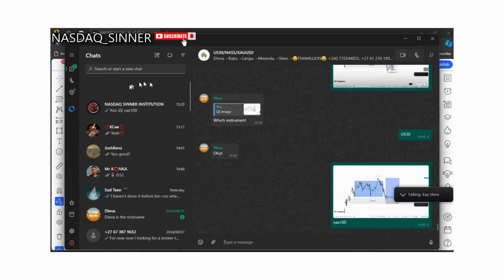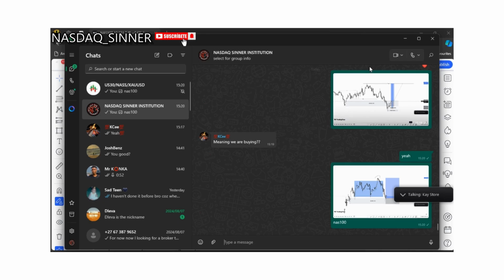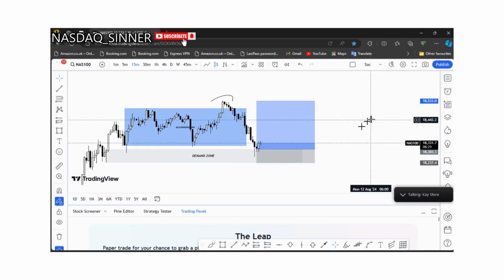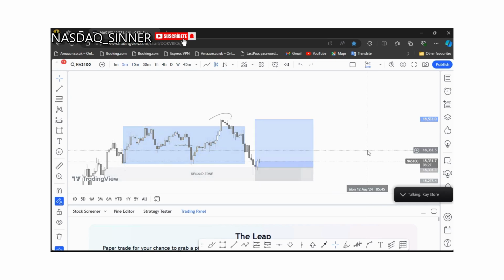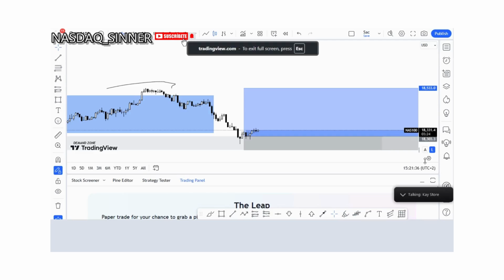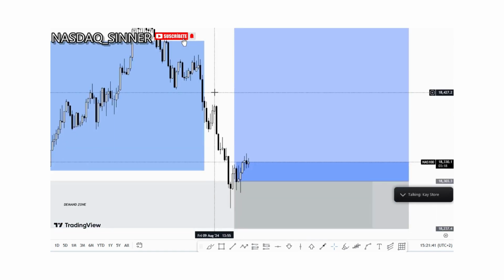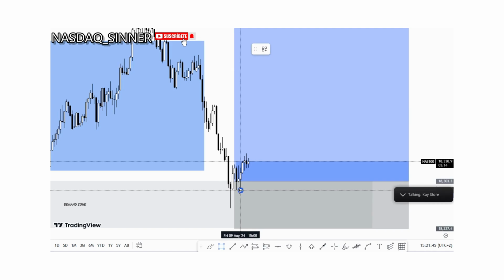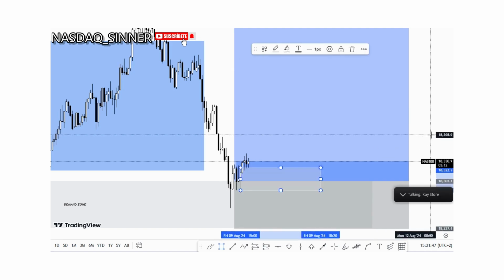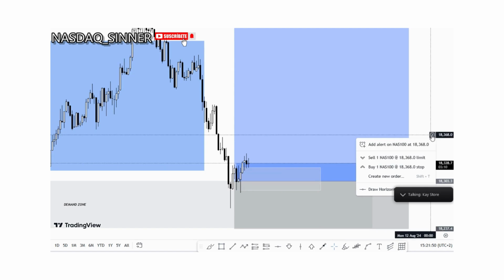So we're just gonna wait for one pair to play out, and then we know which one we're actually buying. But for me personally, I feel like we have to be buying NASDAQ. So I'm just gonna send these to them. Yeah, guys.